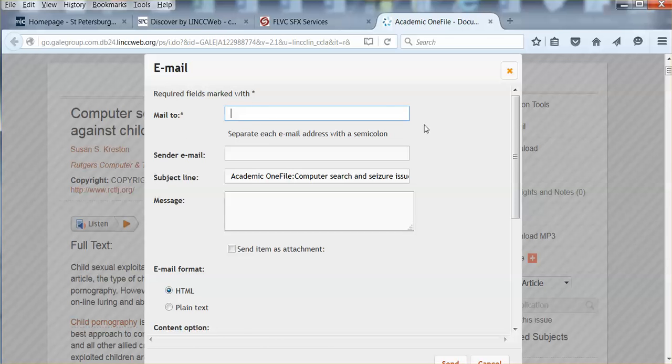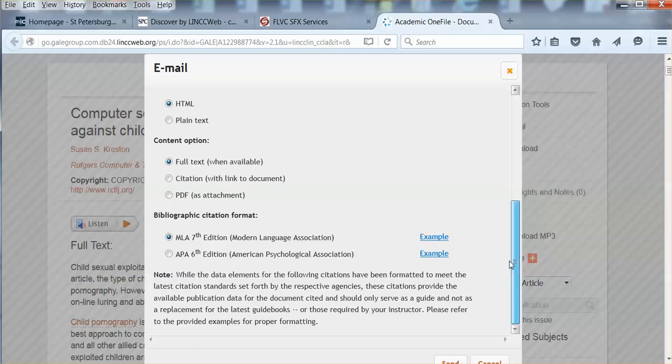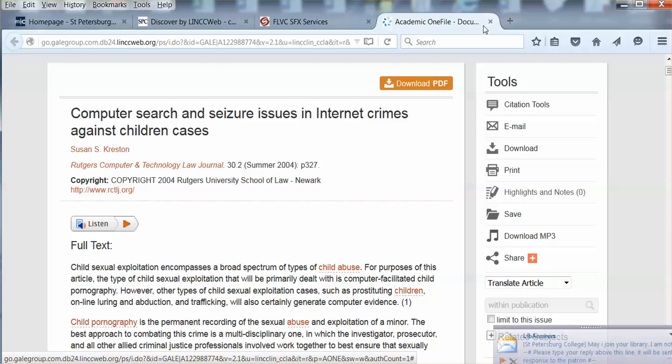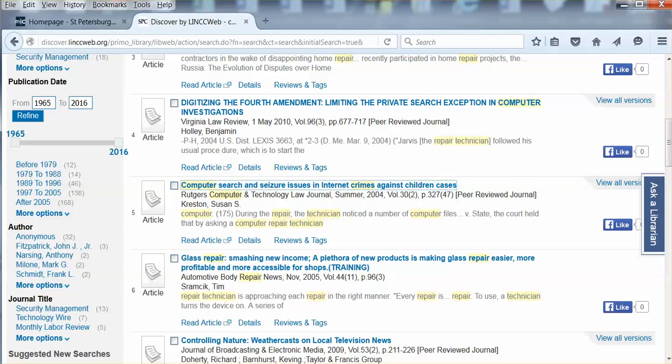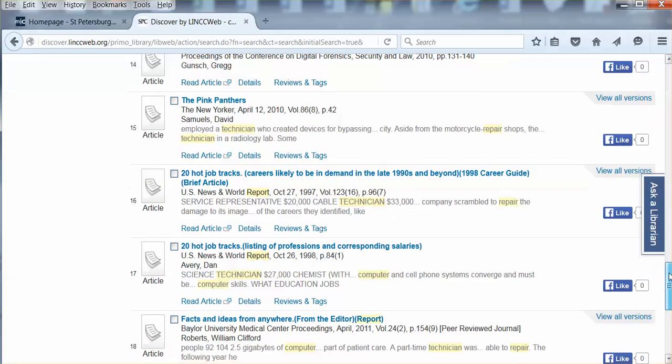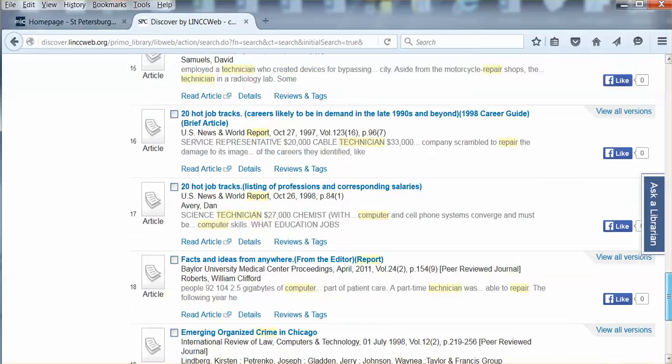Just type in your email address and send it. You can also send yourself a citation, which can be very helpful. So we found one article so far of interest, and we can go back and look at the others that we retrieved and see if any of them are useful or not.